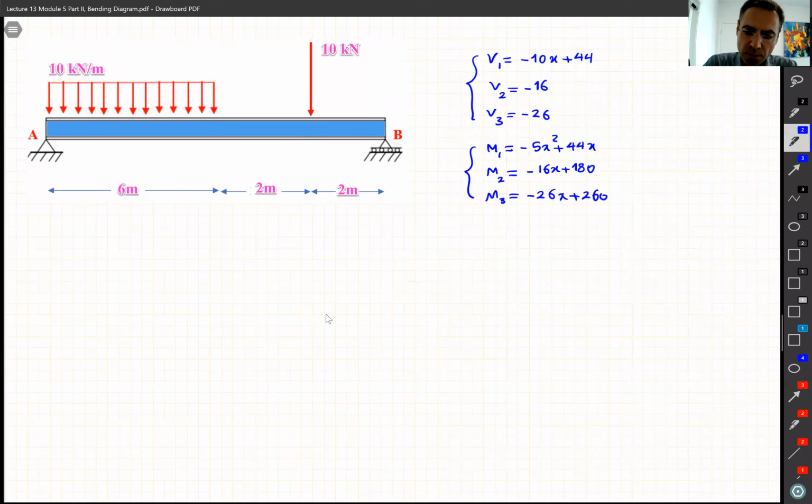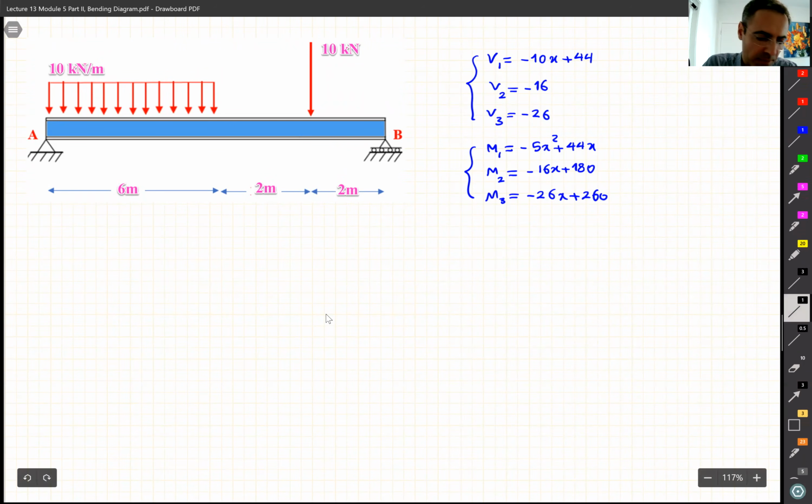So we want to draw these things. This is something that most likely you've learned in one of your math classes or maybe in high school.